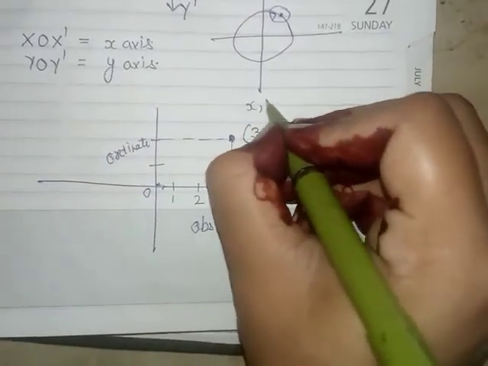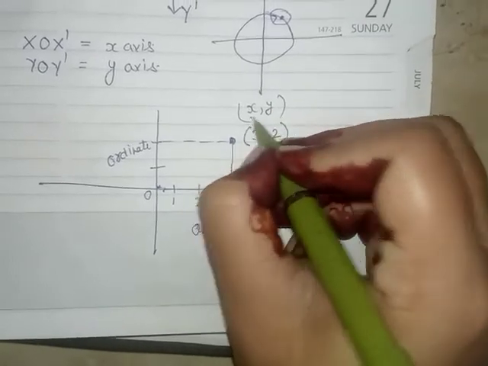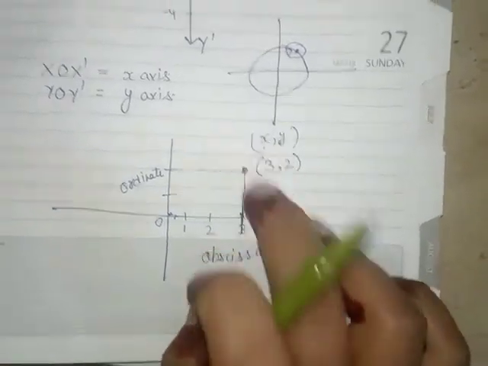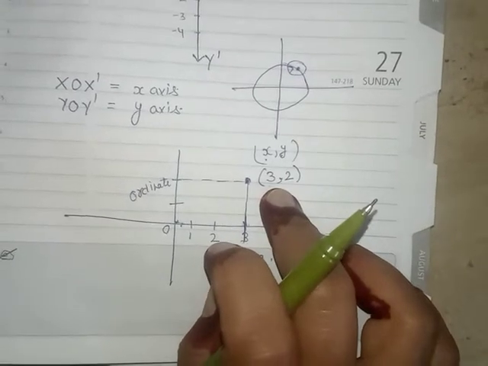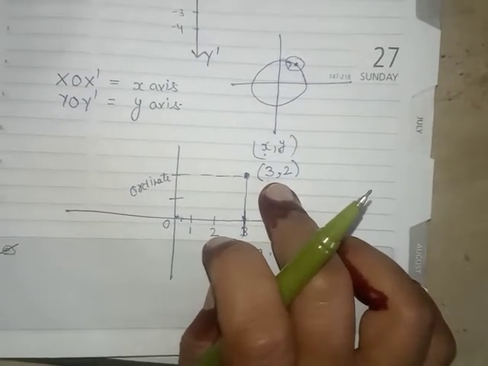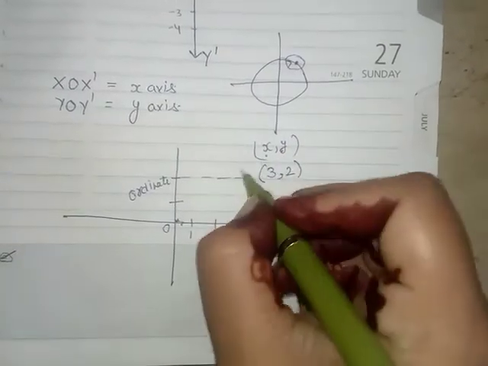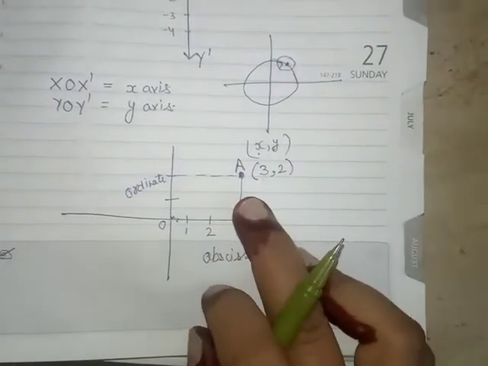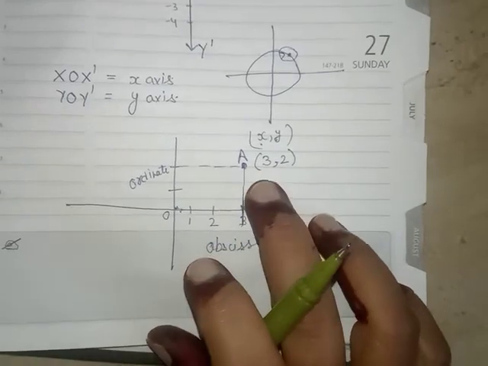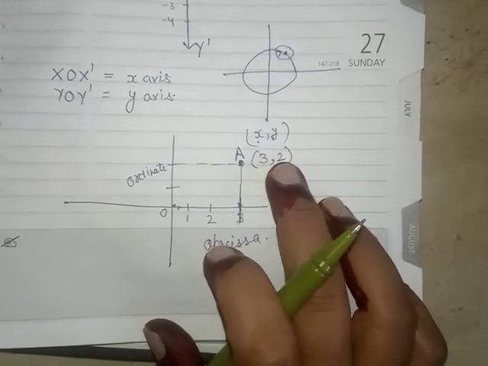They represent the coordinates in the form of x and y. x is the first number, the distance travelled in the x direction is 3 and in the y direction is 2, and finally he is reaching the point A, we can say. So the coordinates of point A are 3 and 2.